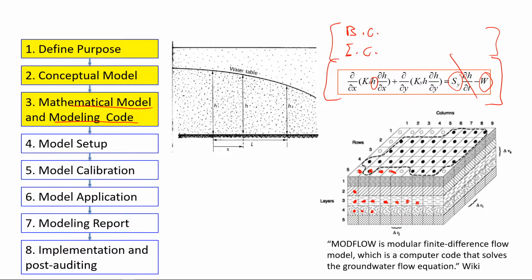Anyway, these details are beyond the scope of this course, but an example of a finite element code would be FEFLOW, but it's not free and it's very expensive. Another example would be SUTRA. SUTRA is a finite element density dependent model developed by Cliff Voss for density dependent groundwater flow.